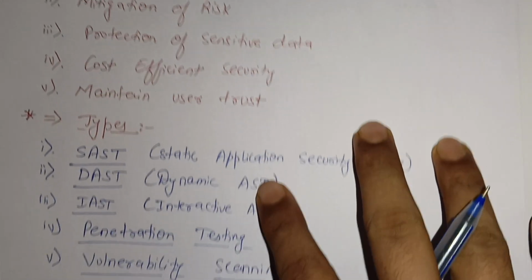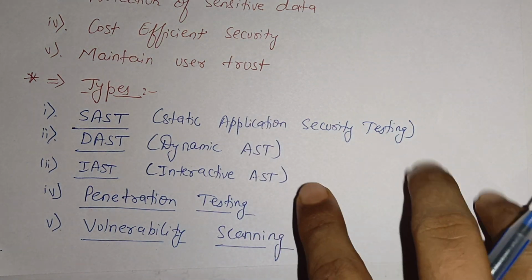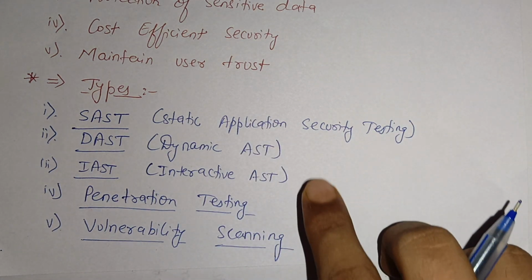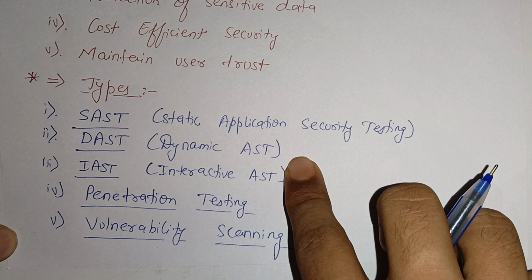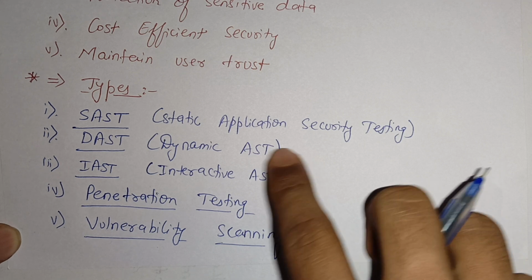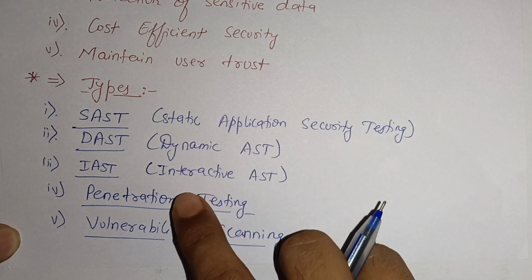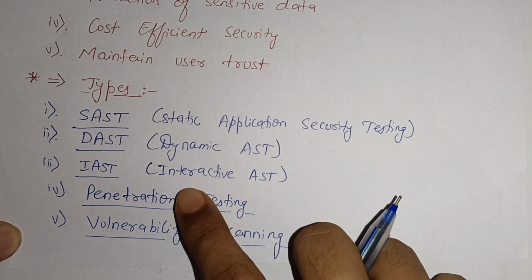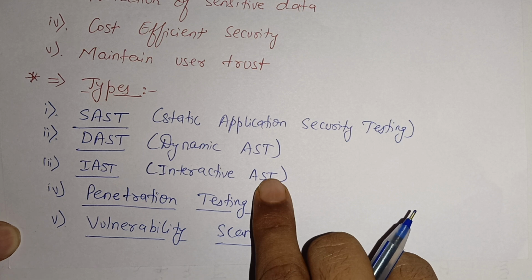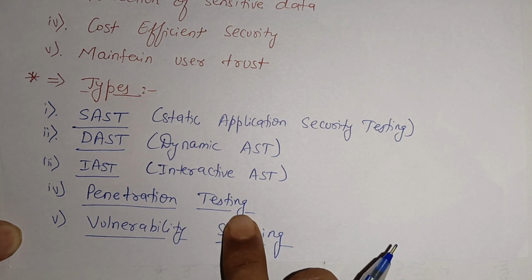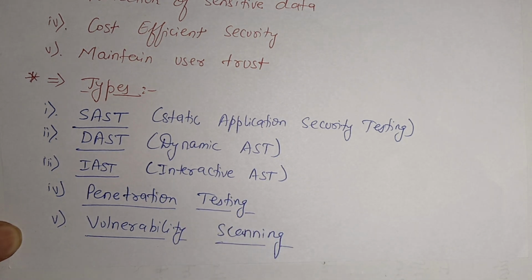Now we'll talk about the 5 types of application security testing. First one is SAST, that is static application security testing. Second one is DAST, that is dynamic application security testing. Third one is IAST, that is interactive application security testing. Fourth one is penetration testing, and fifth one is vulnerability scanning.